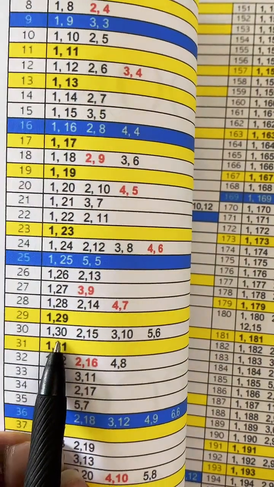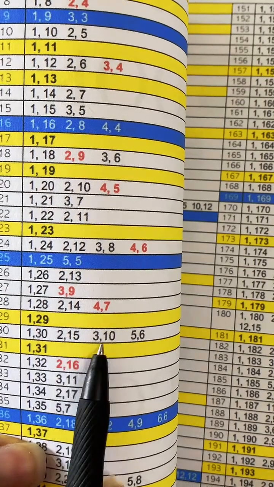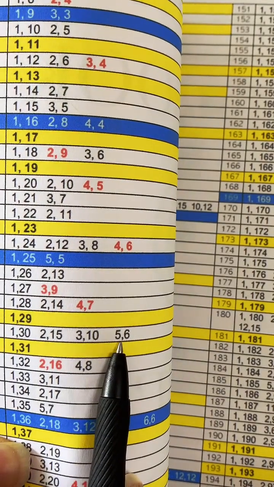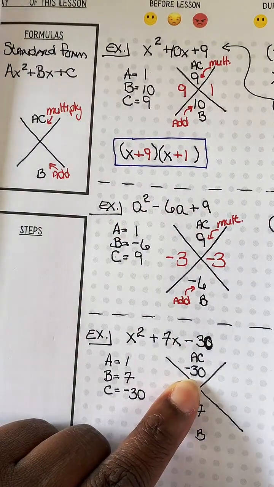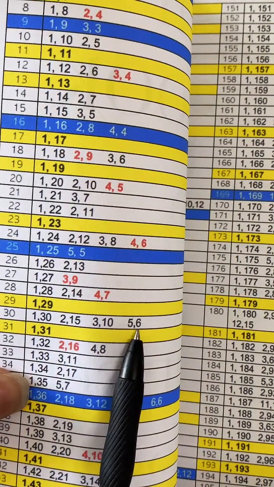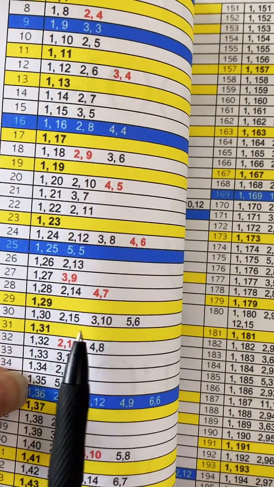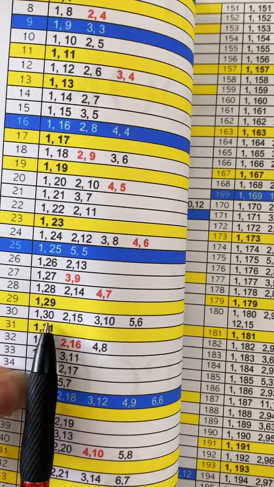So the factors of 30: we got 1 and 30, 2 and 15, 3 and 10, and 5 and 6. But if we're trying to get a negative 30, that means one of these numbers has to be negative. And which one will give me a 7? If I try to subtract this, definitely not, 29.